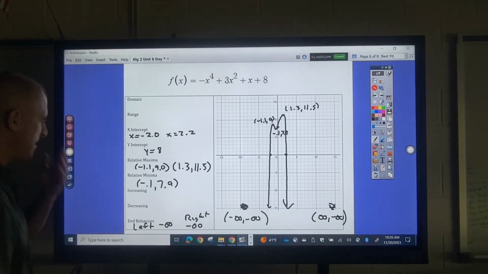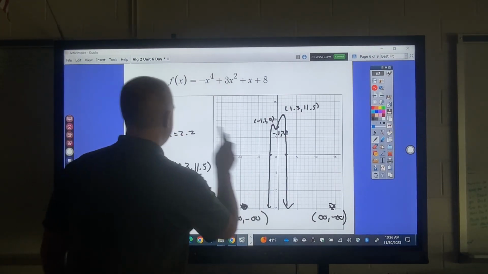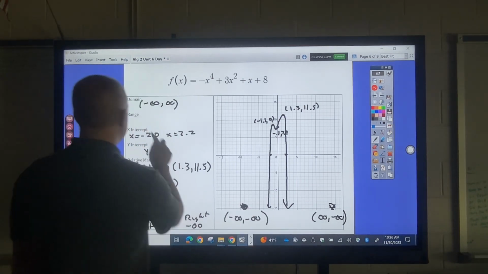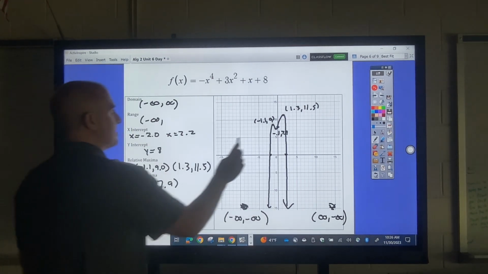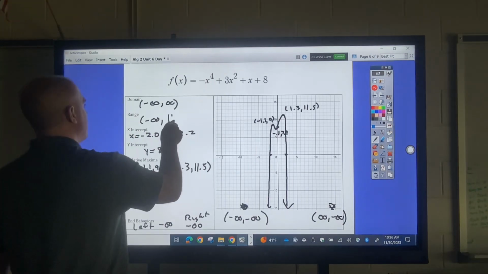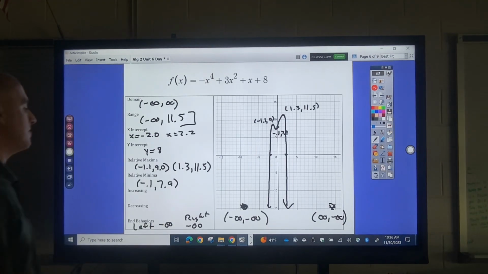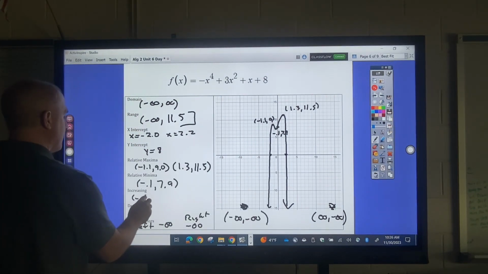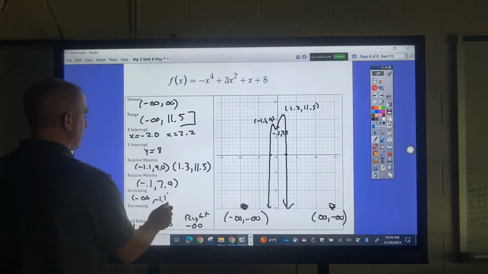All right, for the domain, my smallest of all my x values is negative infinity, the biggest is positive. For the range, the smallest is negative infinity, but the biggest is 11.5, and that would be a square bracket. This is increasing from negative infinity to negative 1.1.